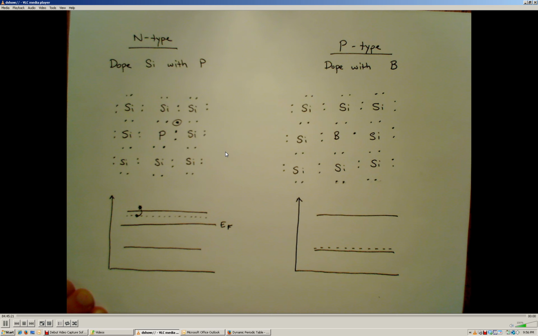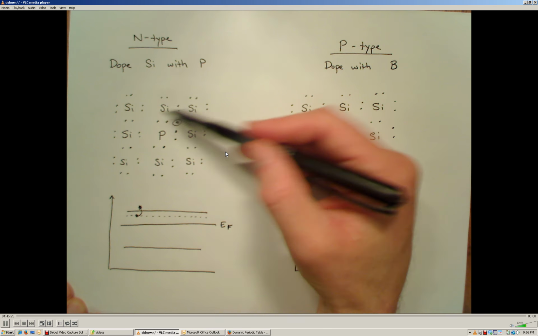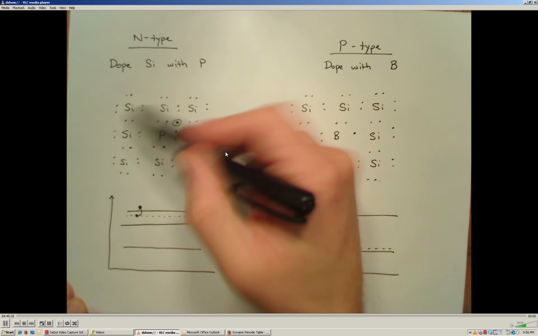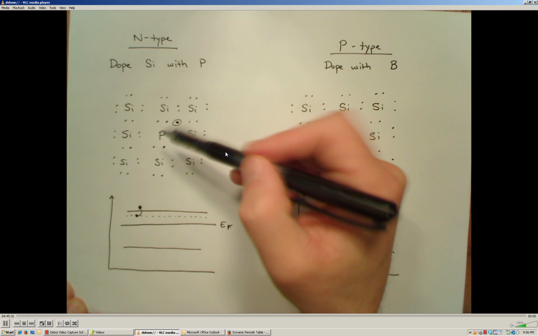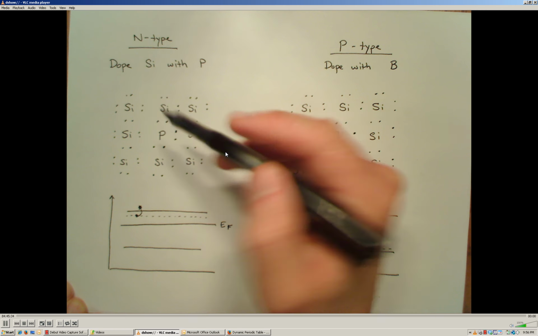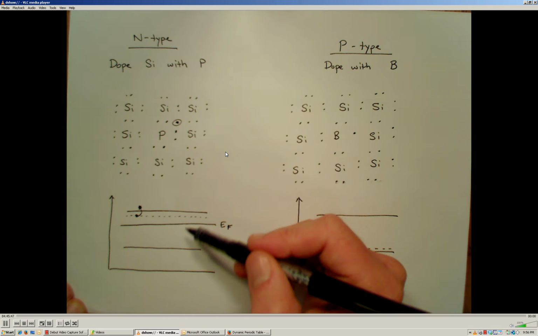Now, it's important to note that what we've done to this material is we've taken silicon atoms and added this phosphorus atom into this lattice. Now the doping is on the order of 1/10% to 5, 10, 15%, depending upon what's meant to be accomplished by doing that.